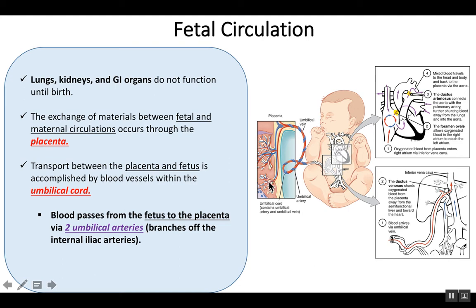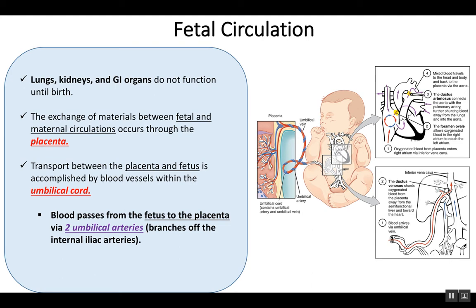I want you to keep your eye on the red blood vessel, because it is going to be the umbilical vein that's transporting oxygenated blood with nutrients towards the fetus. So that's why it's a vein. It's going towards the fetal heart. That umbilical vein is going to change its name a little bit once it enters the fetus. But that's how we get oxygenated, nutrient-rich blood to the fetus.